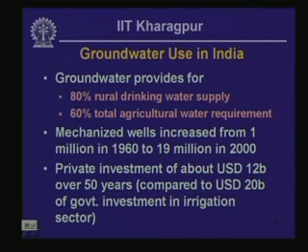Some more statistics: mechanized wells across the country increased from 1 million in 1960 to 19 million in 2000.